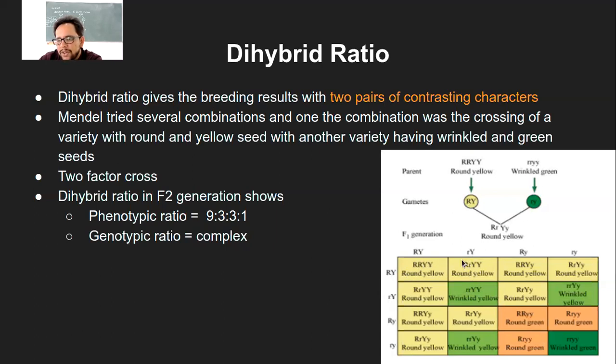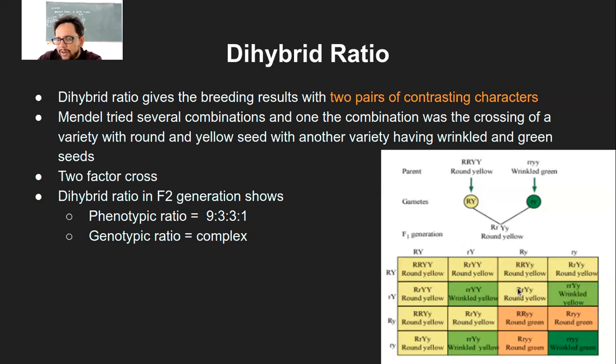This is for one trait heterozygous, that is capital R, small r, and homozygous for seed color, that is capital Y, and both of these are coming. Let's say I take randomly this one. Yeah, in that case, it is the third column and the second row.